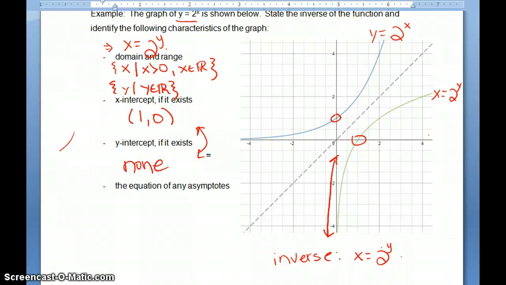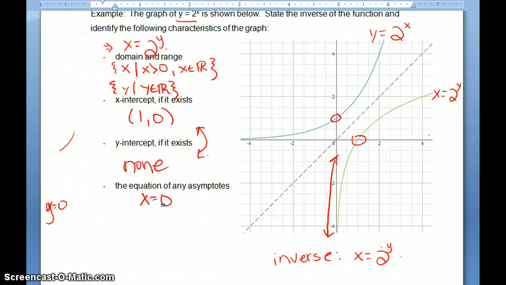Okay? And then the last one, we have the equation of any asymptote. Once again, it's similar to our exponential function. Normally there our asymptote was at y is equal to 0, sorry. Now, because we flipped it, we're using our x values. So now x is equal to 0 is our new asymptote.